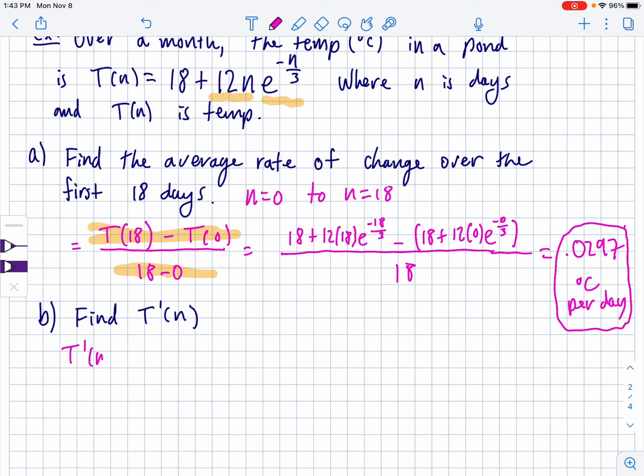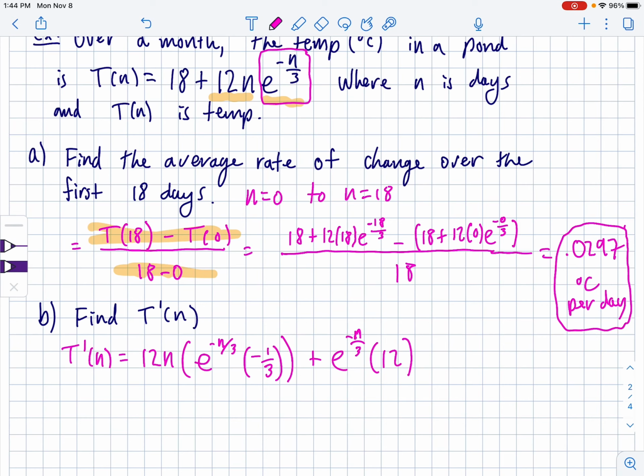T prime of n is first times d second, and the derivative of just this part is going to be a chain rule: the derivative of the outside with the inside the same, times the derivative of the inside, which is negative 1/3. Then plus second d first: the second unchanged, and d first is just 12.